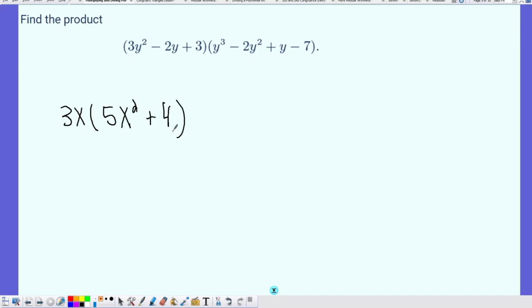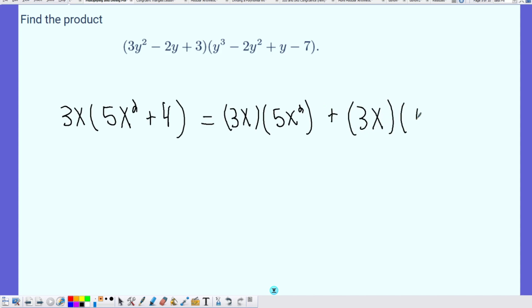Well, we know this is a distribution problem because we have a term on the outside of the parentheses. So when we simplify this, it becomes 3x times the first term in that binomial, so 5x squared, plus 3x times the second term, 4.